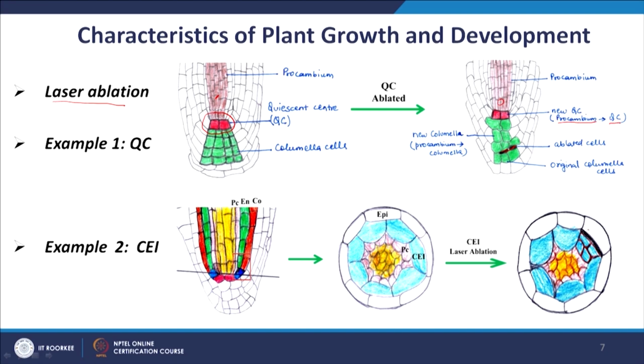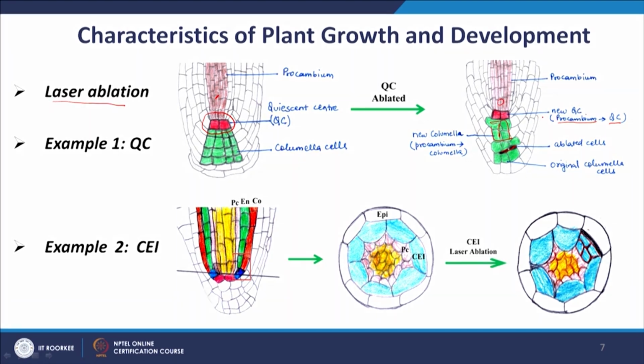And the cells in this region, which originally were also procambium cells, change their identity and make new columella cells, which are typically present below the QC. So there is a change of identity.